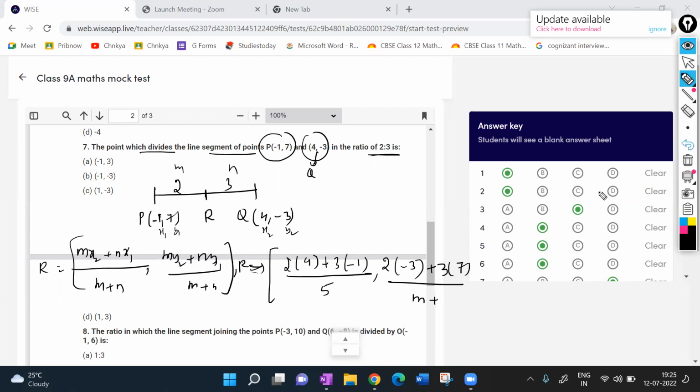M plus n is nothing but 5. So 8 minus 3 by 5, and the other one is minus 6 plus 21 by 5. So 1 comma something should have been the answer.